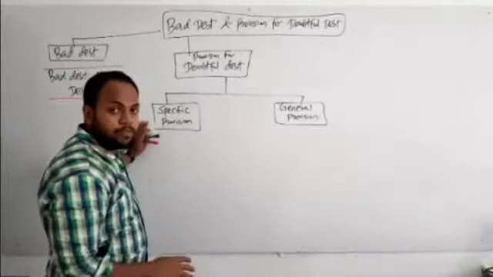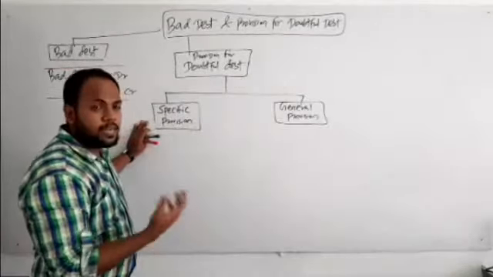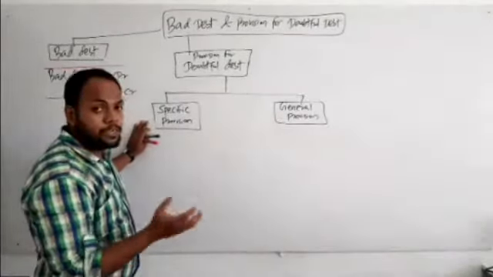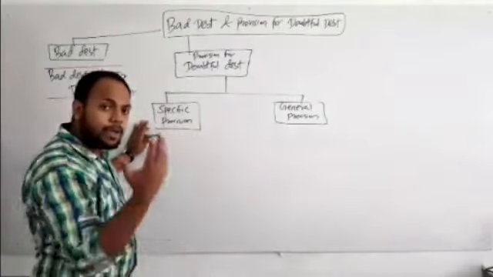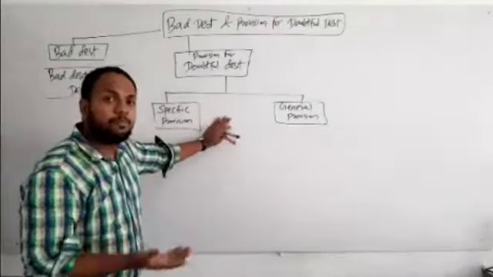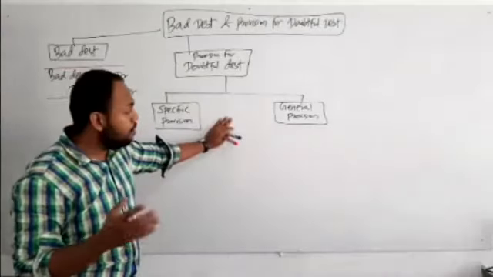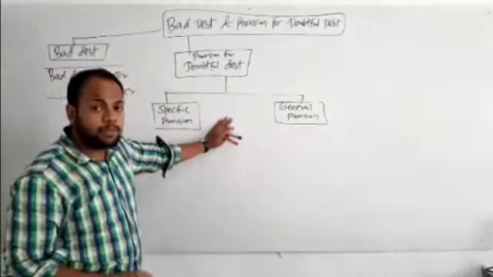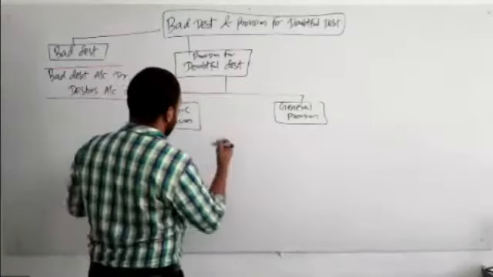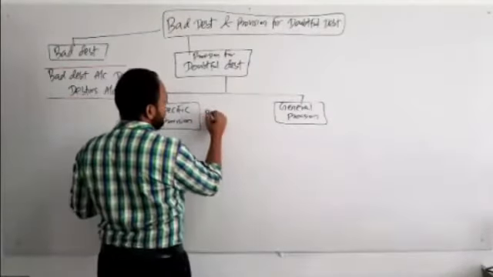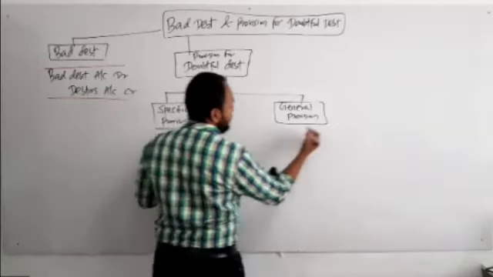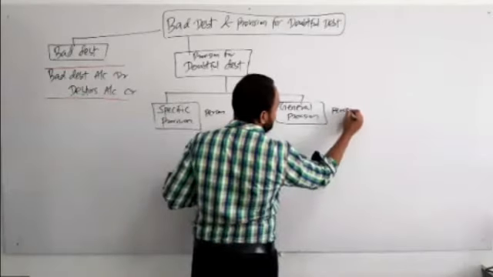General provision means from our past experience, we make a general provision from the total debtors: 10%, 5%, 2%. So it is a percentage of the total amount of debtors. Here it's a person, here it's a percentage.